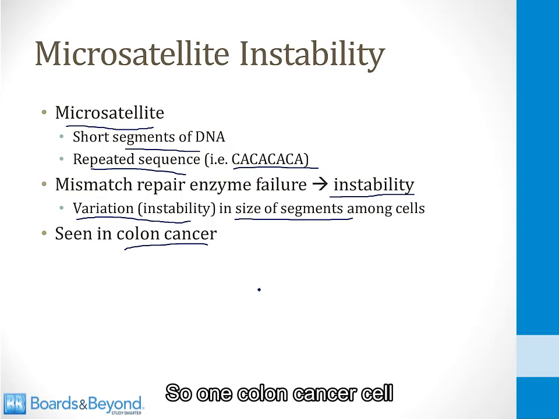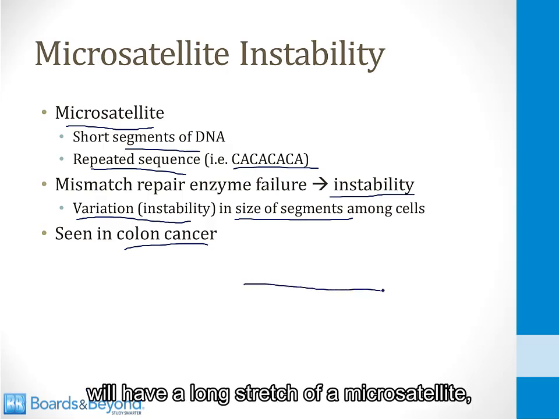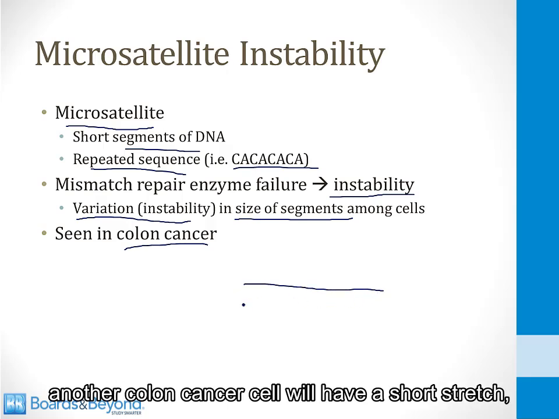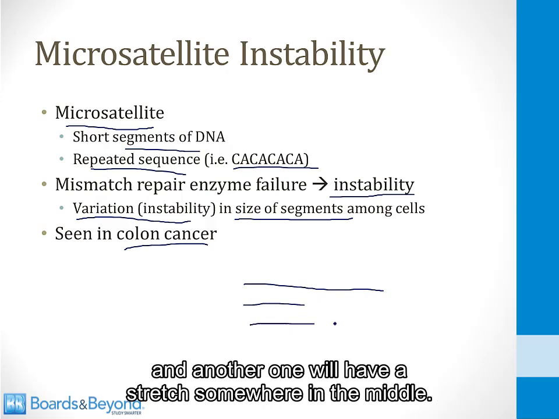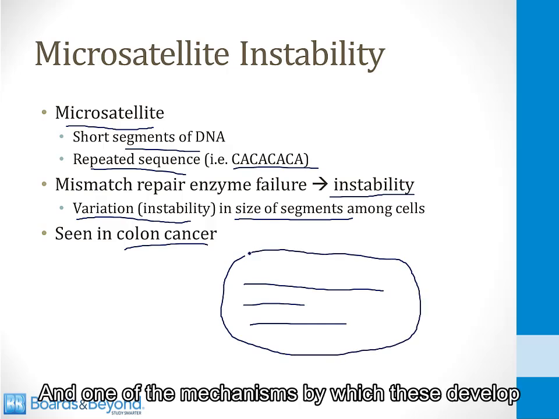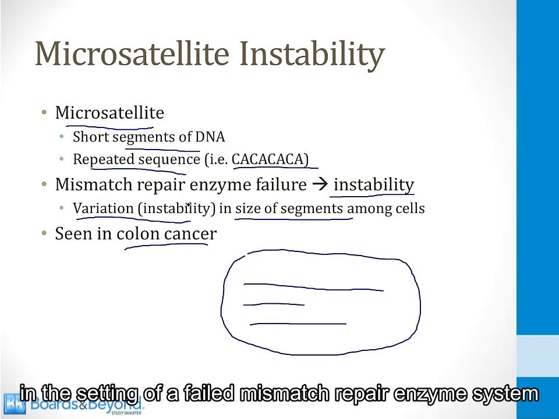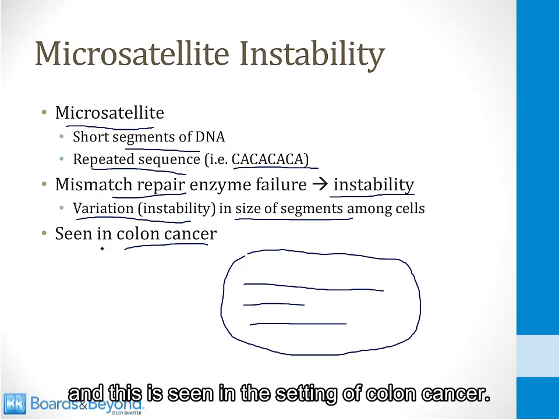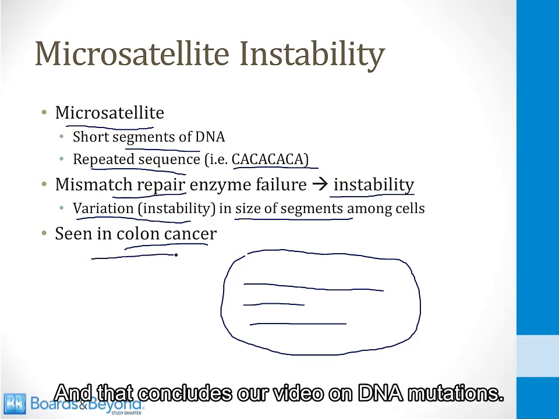So one colon cancer cell will have a long stretch of a microsatellite, another colon cancer cell will have a short stretch, and another one will have a stretch somewhere in the middle. This is called instability of these microsatellites, and one of the mechanisms by which these develop is DNA slippage in the setting of a failed mismatch repair enzyme system, and this is seen in the setting of colon cancer. And that concludes our video on DNA mutations.